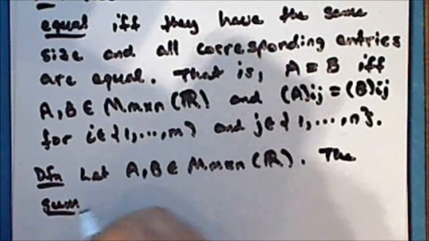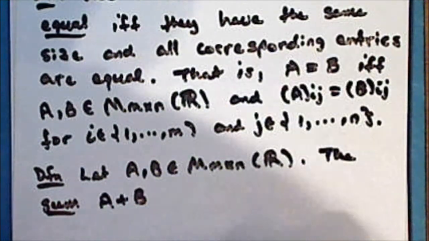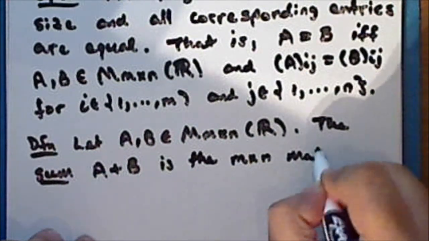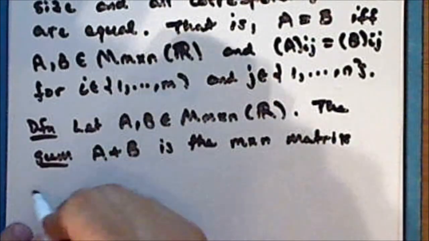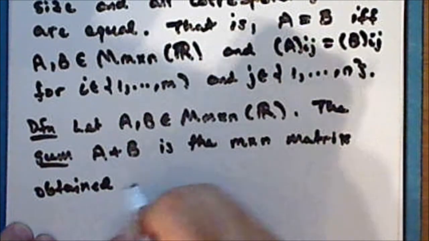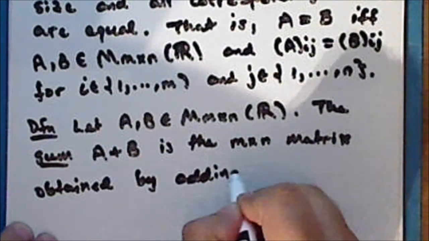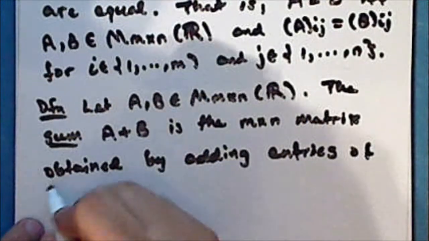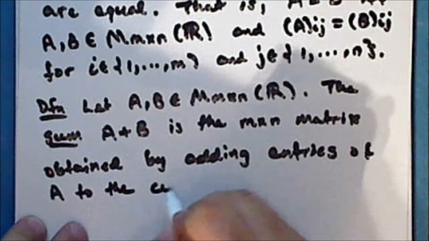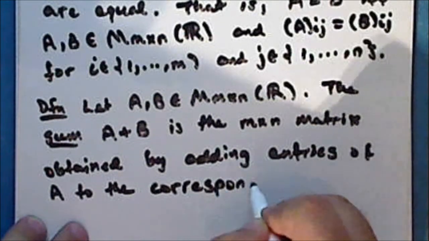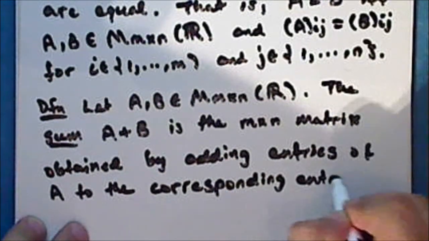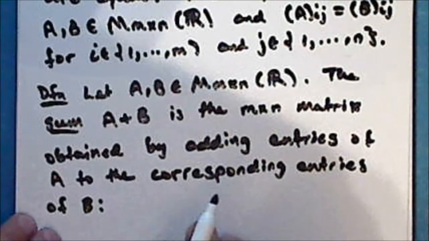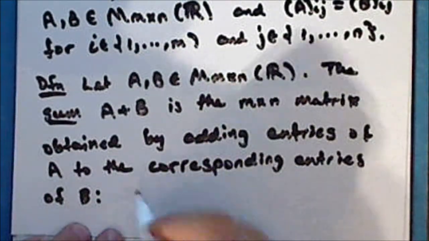The sum, denoted A plus B, is the M by N matrix obtained by adding entries of the matrix A to the corresponding entries of the matrix B. That is, addition is defined entry-wise.